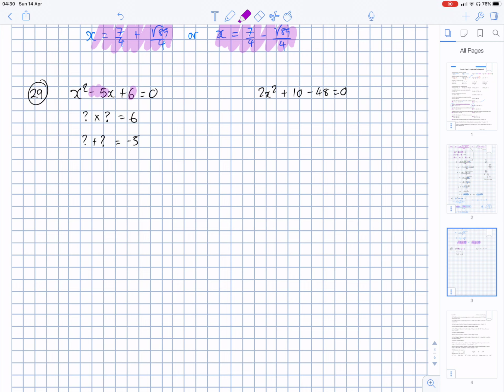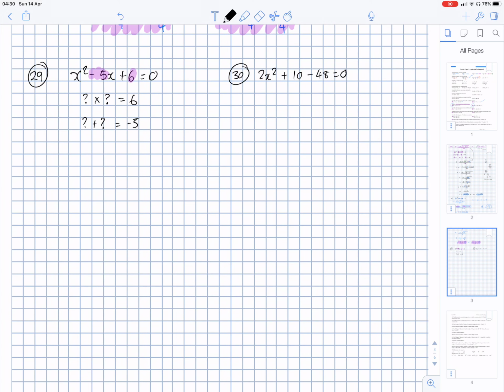We do the same thing for this side, but let's wait, because this is a little bit different. Let's finish number 29 first.